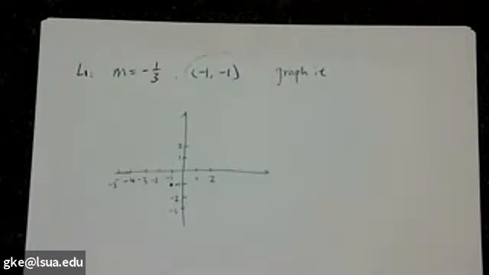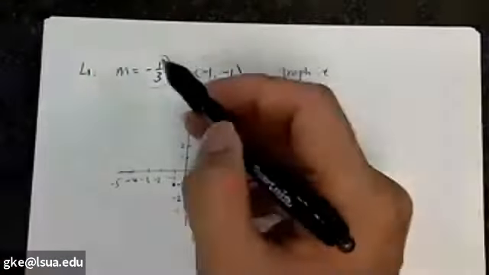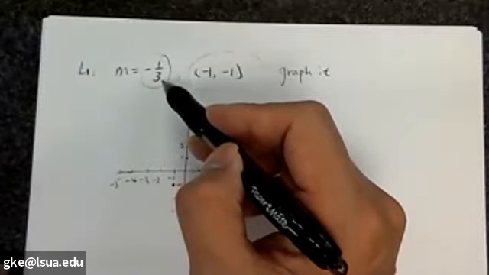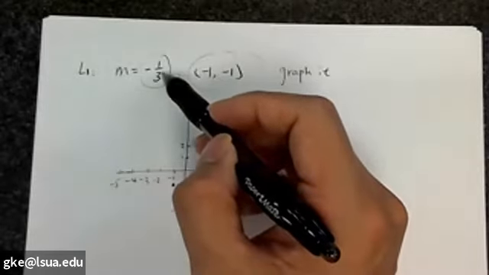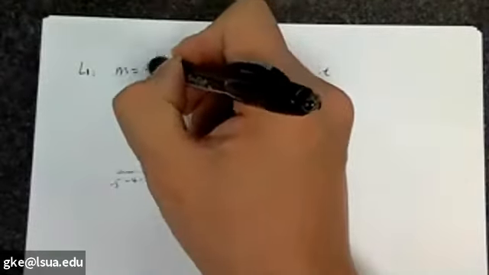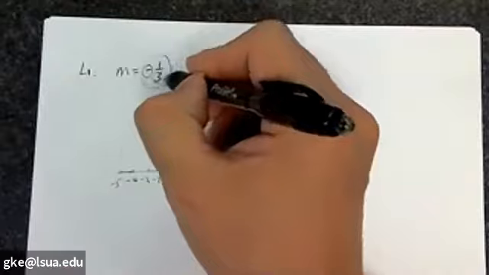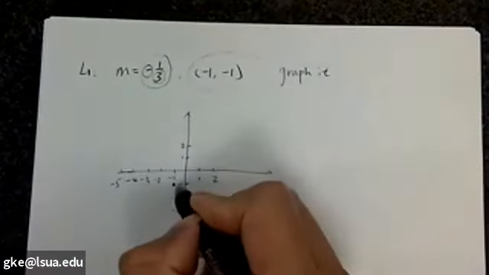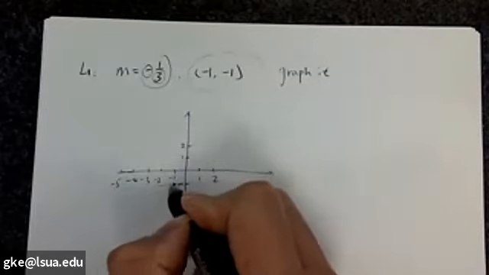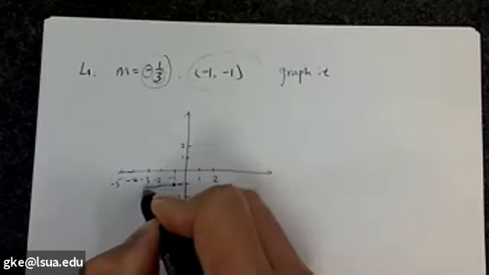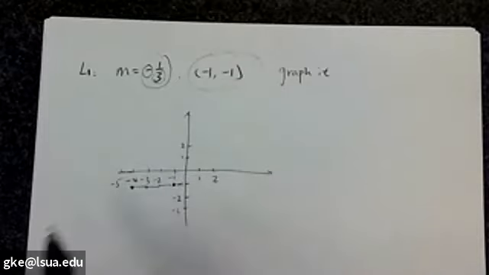And then how to handle the slope? The denominator is always about moving forward or backward. The denominator is 3, and we found this is negative, so that means we move backward 3 units. Backwards 1, 2, 3.